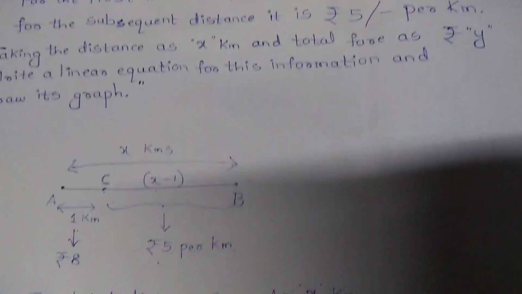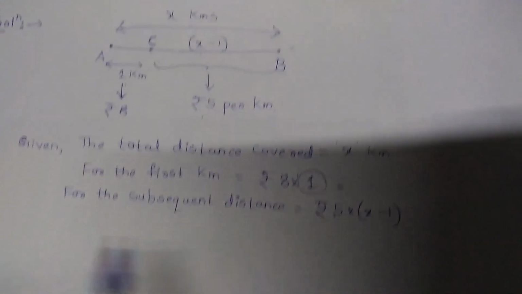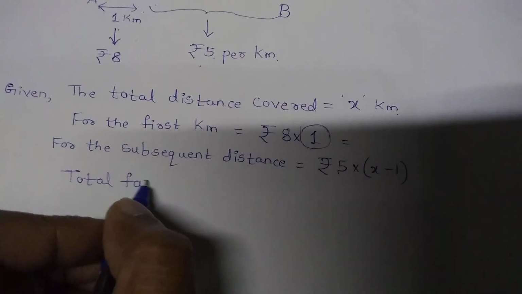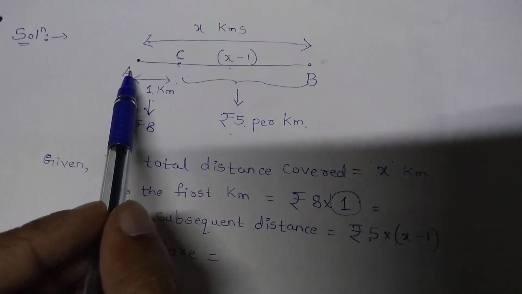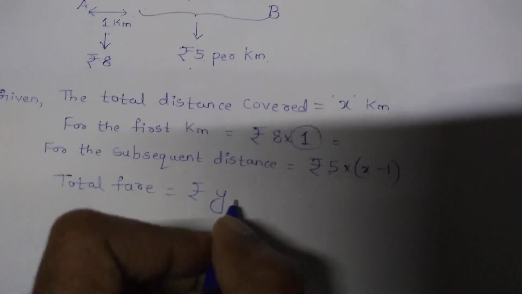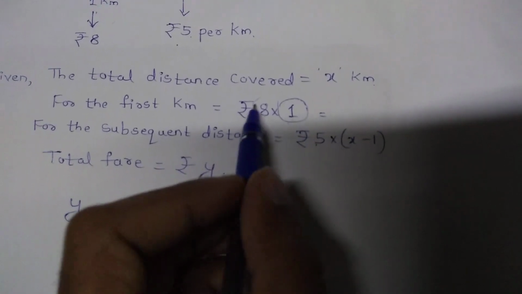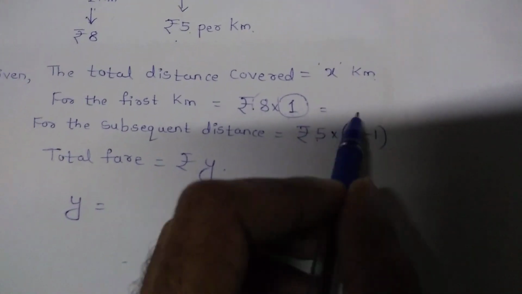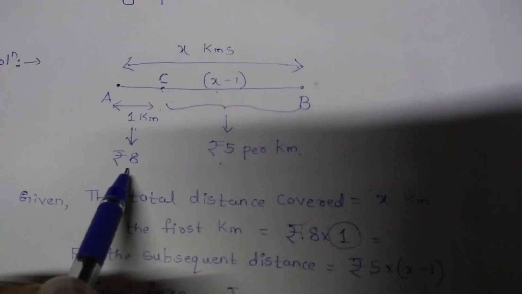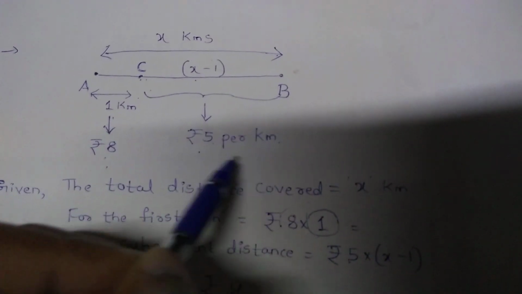They have also given that the total fare is rupees y. So the total fare y is equal to the sum of both: we traveled from A to C, that is 1 kilometer, at rupees 8, and from C to B we traveled at a fare of rupees 5 per kilometer.